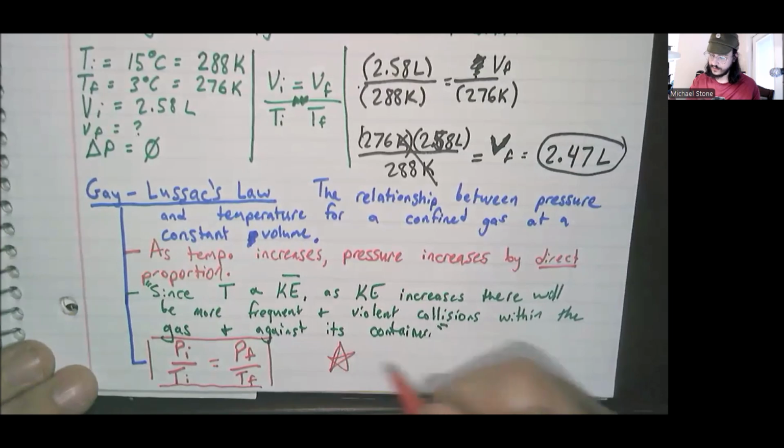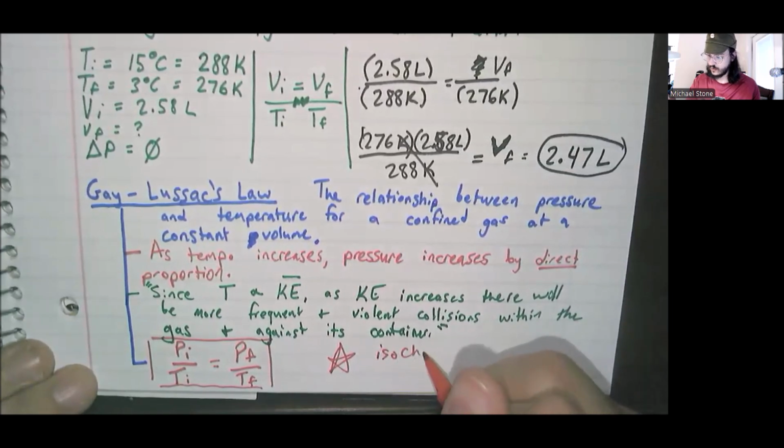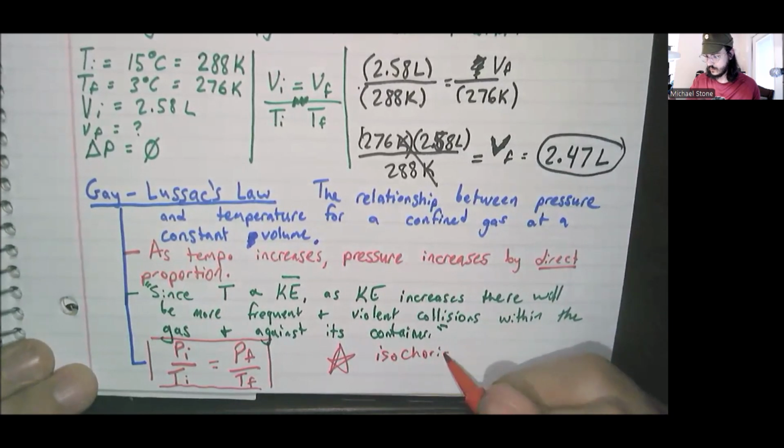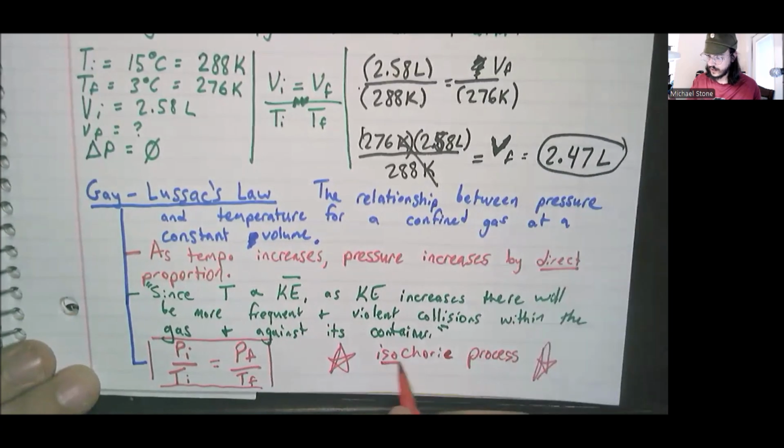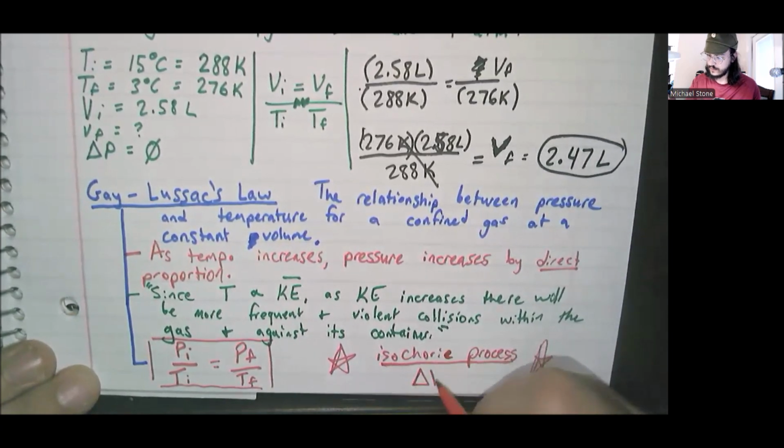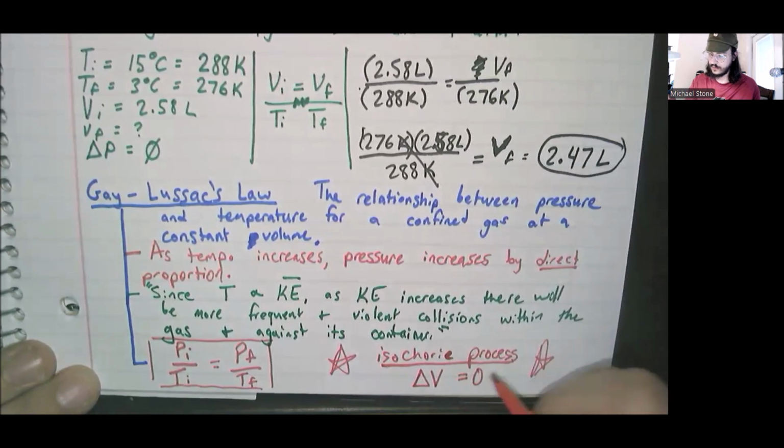And this, as I said a moment ago, is an isochoric process. And since it is an isochoric process, delta V equals 0.